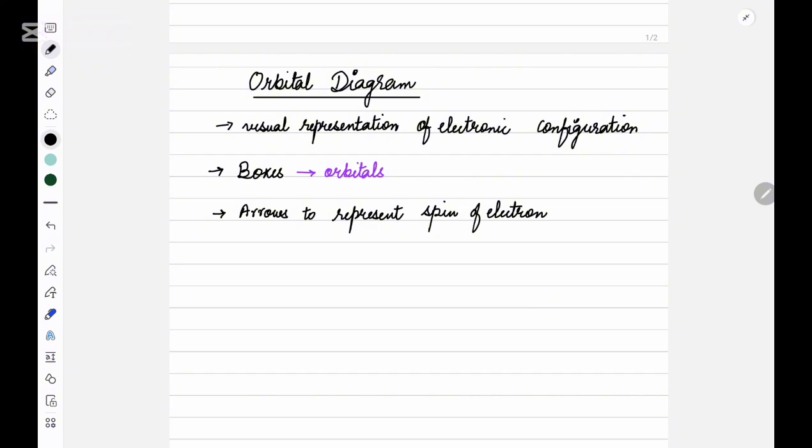We need to remember that each orbital can hold a maximum of 2 electrons.